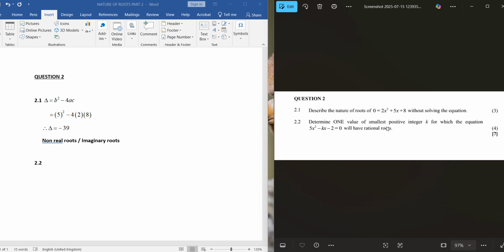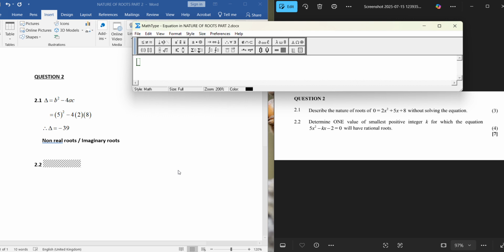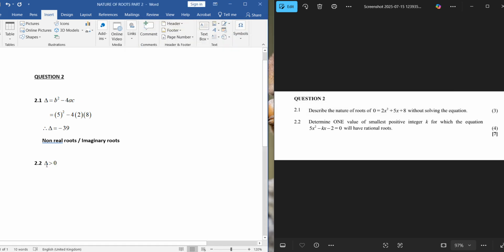Now we go and write this condition in an equation form. For us to have rational roots, delta, which is the discriminant, must be greater than 0. Then we are going to have rational roots if delta is greater than 0.